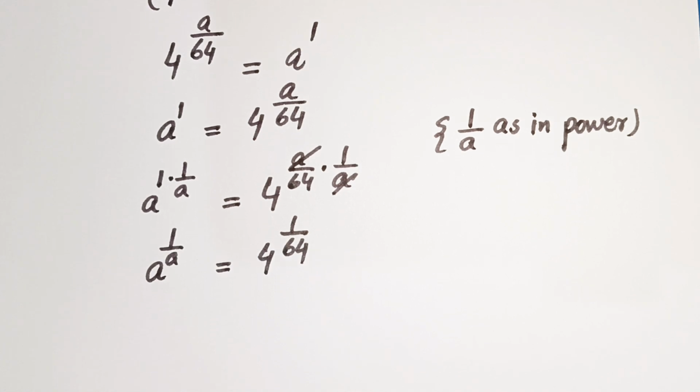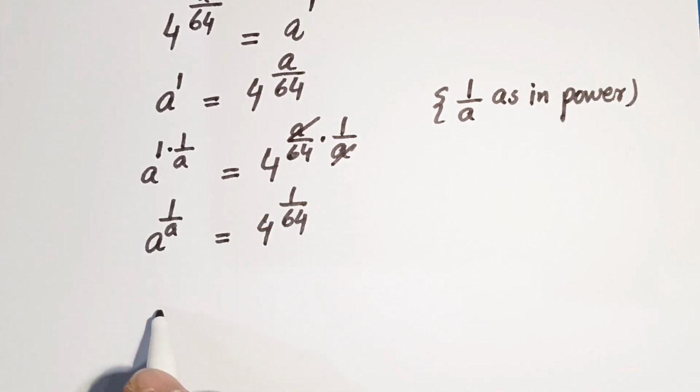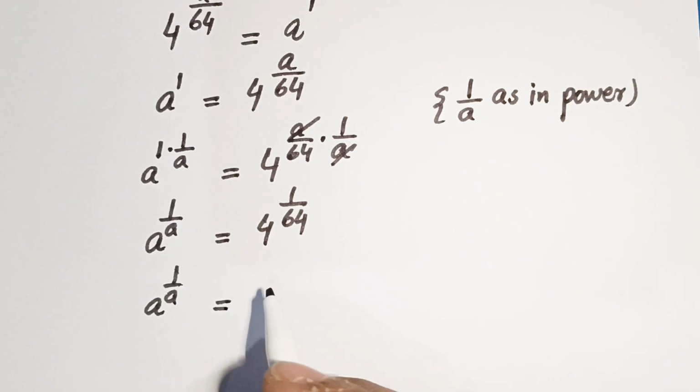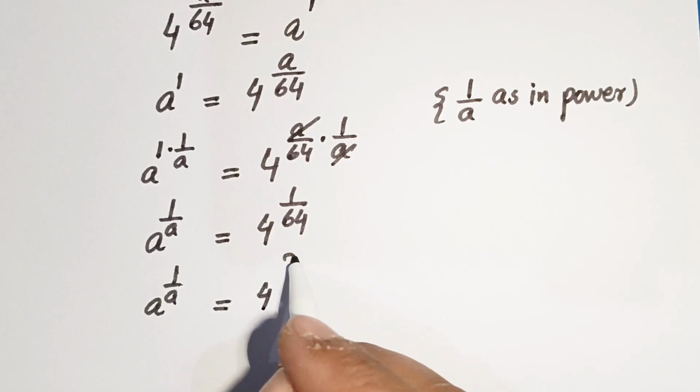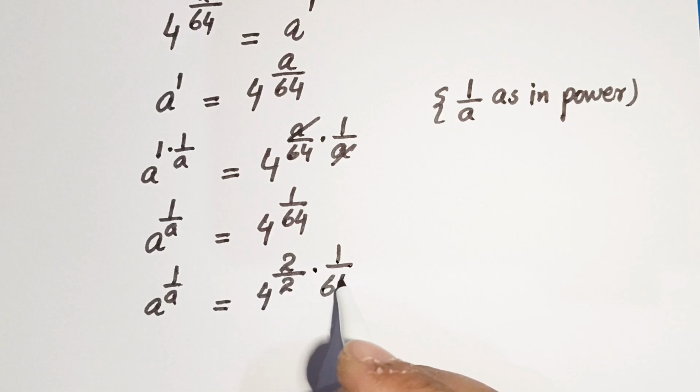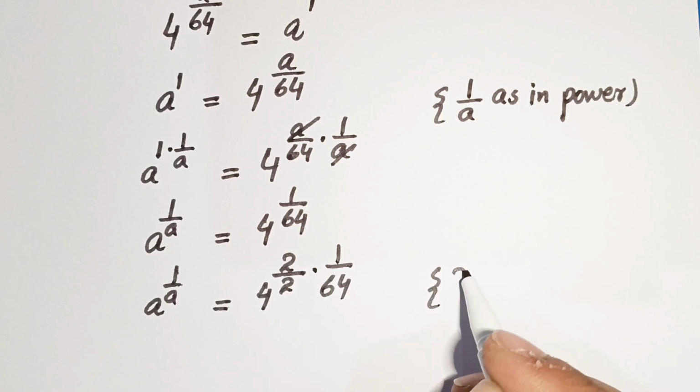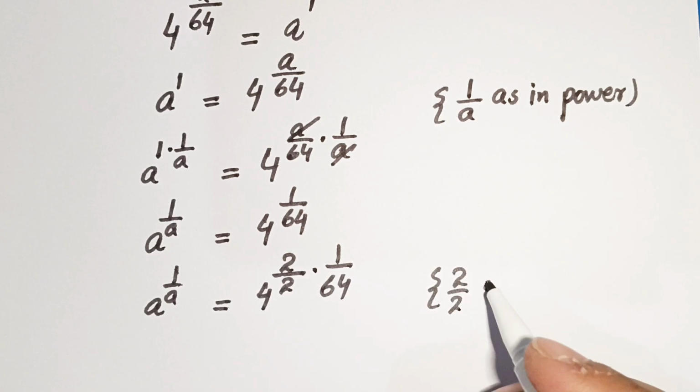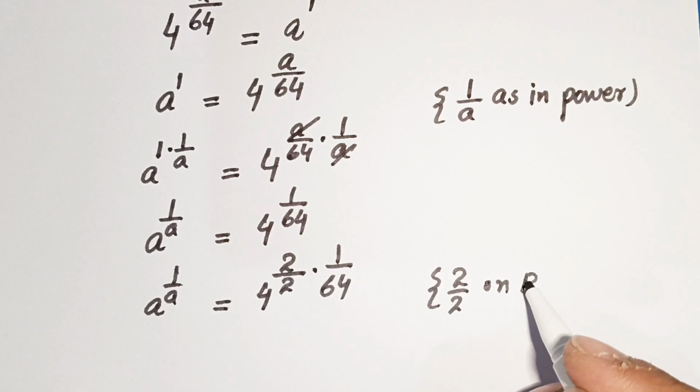So now our next step is a to the power 1 over a, and here if we multiply and divide by 2 the power 1 over 64, we have just multiplied and divided on our right hand side in the power.